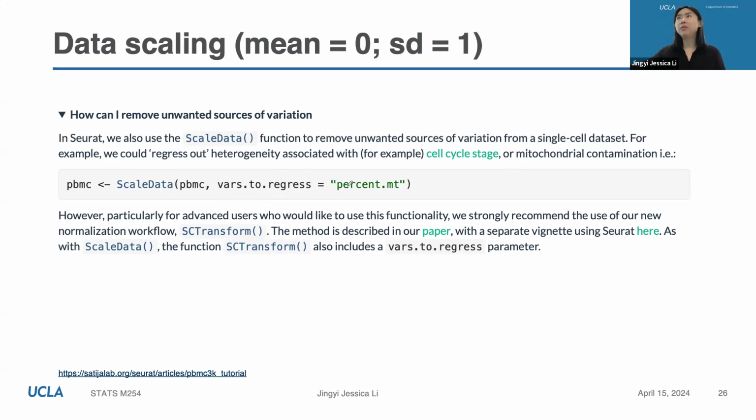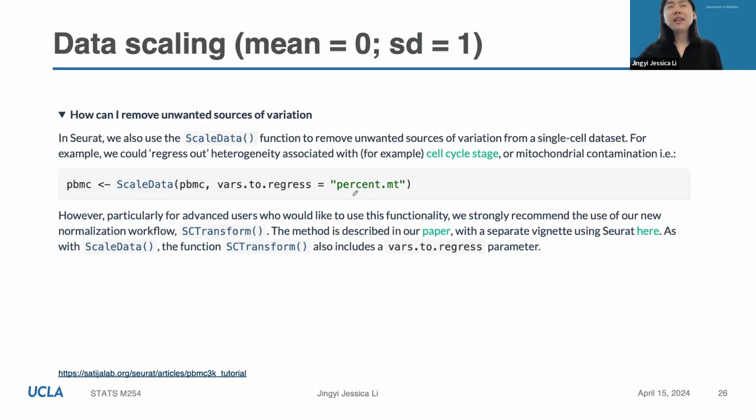Here, the example was given to remove the percent mitochondria. Do you remember this? This is what we use for filtering in the first step. If the percent mitochondria is too large, it implies that the cells are dead, and then we don't want to keep those cells.